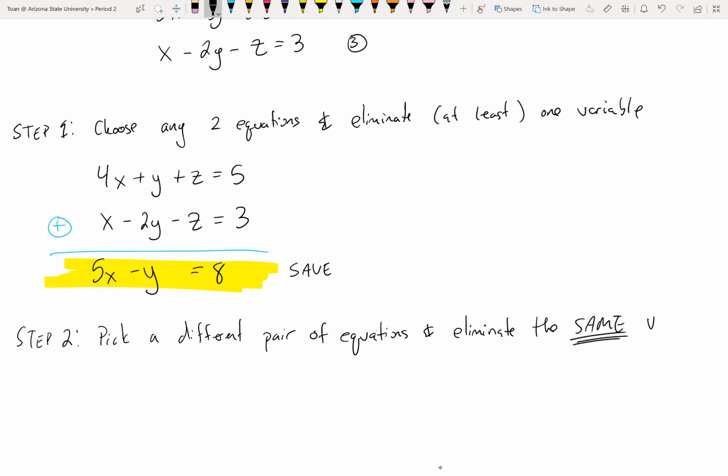Eliminate the same variable as step 1. In step 1, you had the choice. You had all the power in the world. You can eliminate any variable you want. For step 2, in order to use elimination successfully to solve the system, you really should eliminate the same variable as you did before. So pick a different pair.